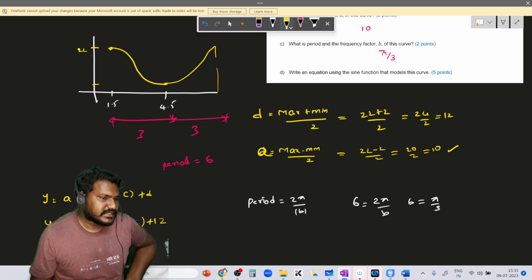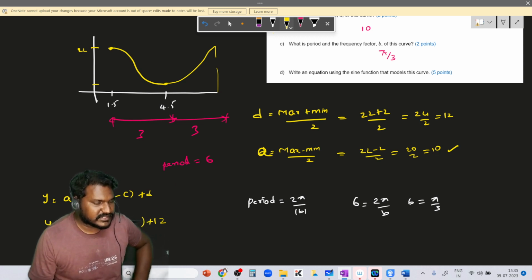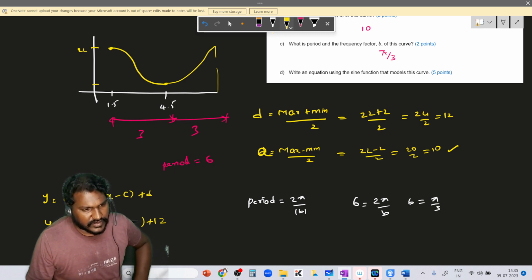Now what is c? C is nothing but the distance from the y-axis of the point where the sine graph starts. Now see, if you look carefully, this is the maximum value, this is the minimum value, and the middle value of maximum and minimum is 12.